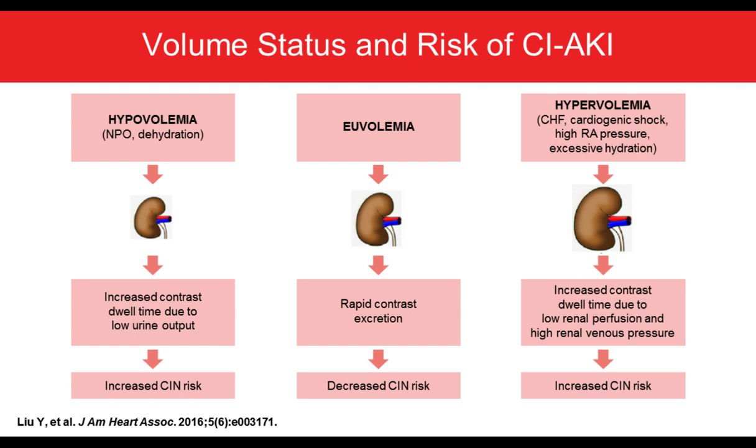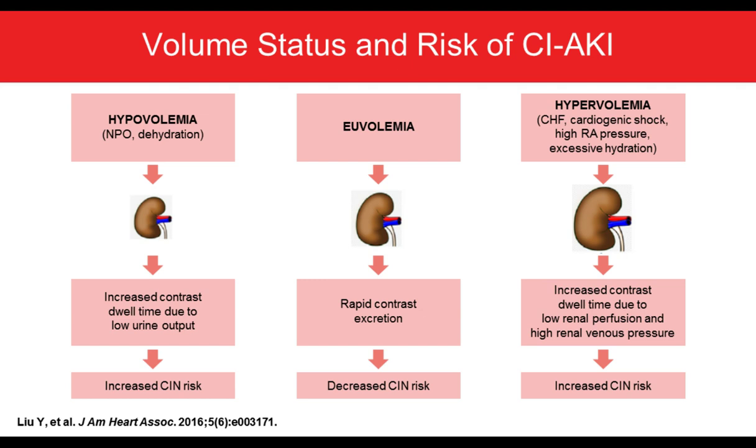So the patients presenting to the cath lab can come in a variety of different volume states. They may be euvolemic, in which case we might expect that they have rapid contrast excretion and decreased risk for acute kidney injury or contrast nephropathy. But many patients who are coming in are NPO. They may be volume depleted.